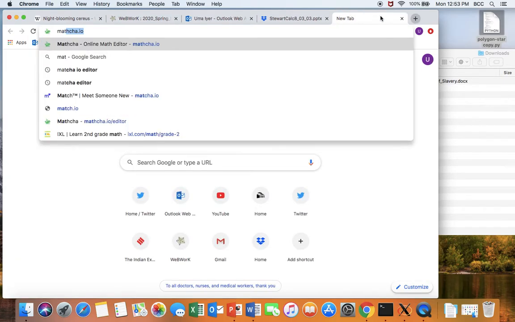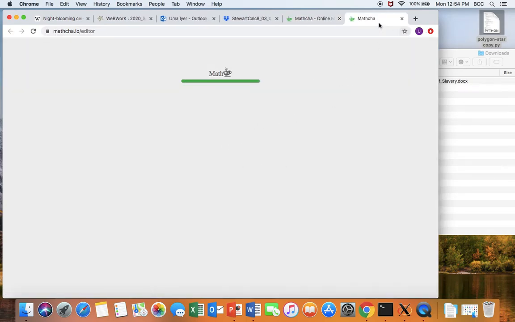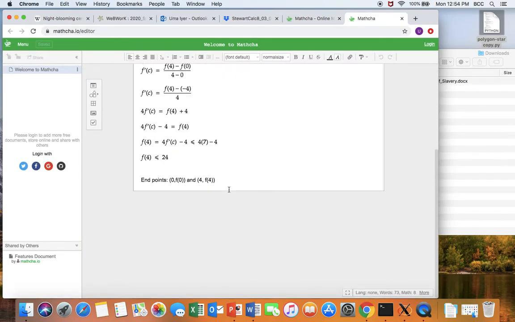Open my math editor and so let's start. Section 3.3, first question.